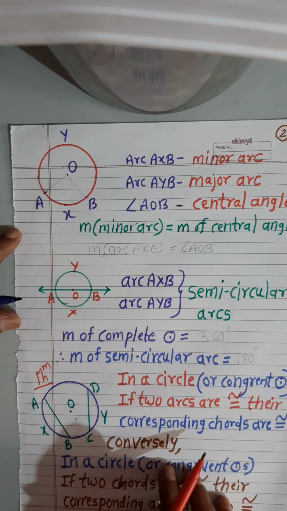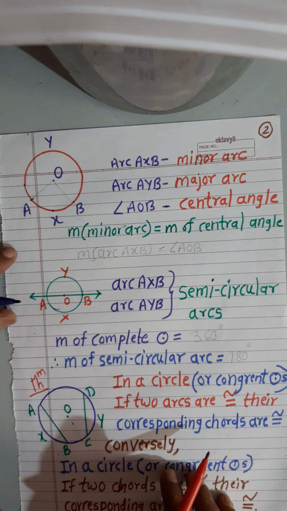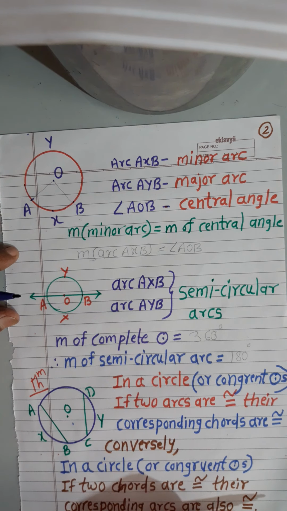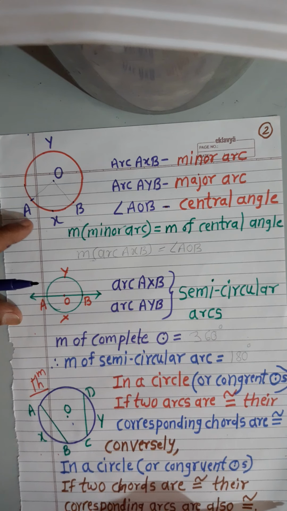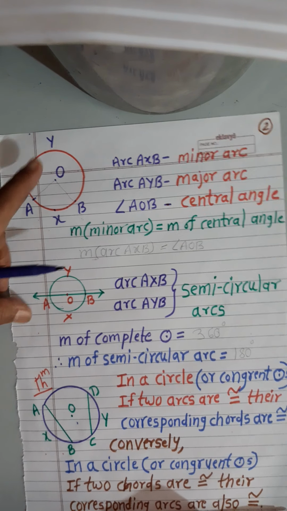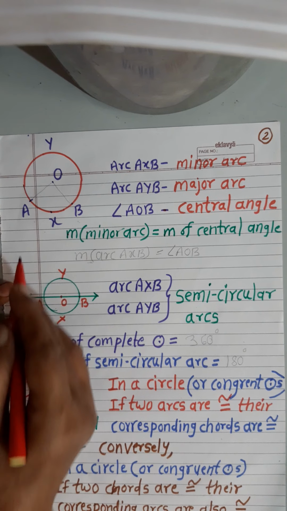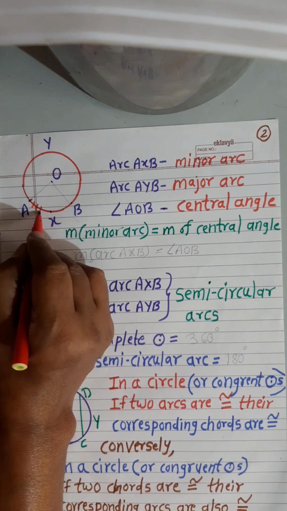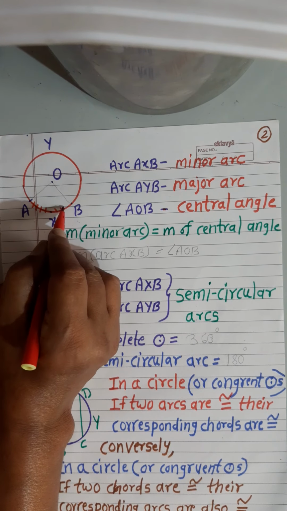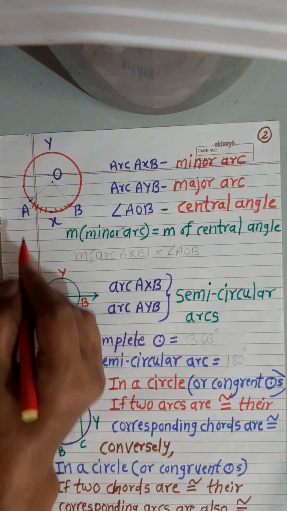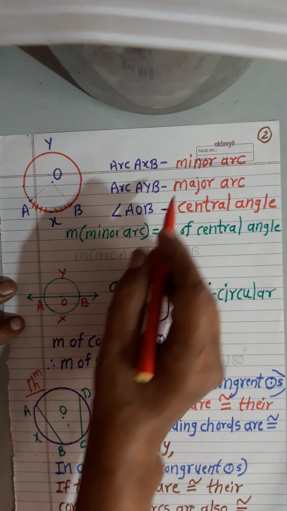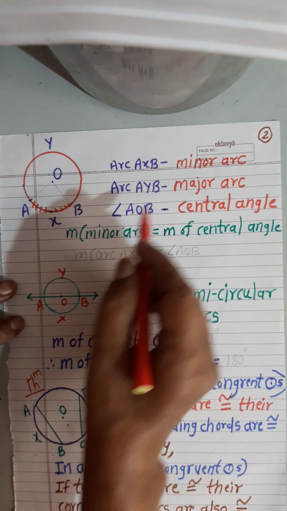Now see this figure. Here O is the center of the circle, and on the circle there are 4 points A, X, B and Y. Now see arc AXB, this one, is smaller in size, therefore it is called a minor arc.